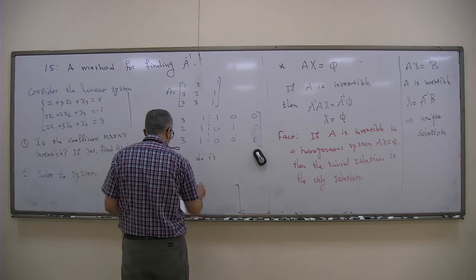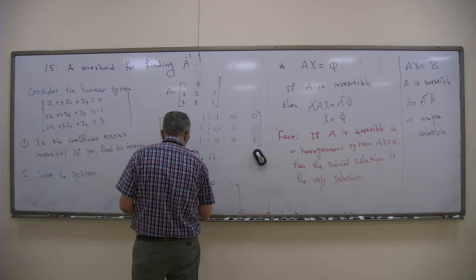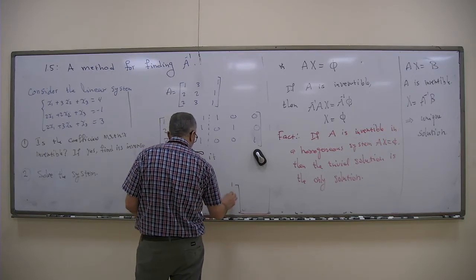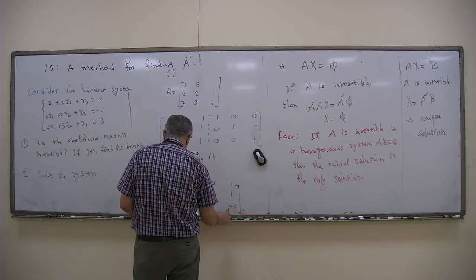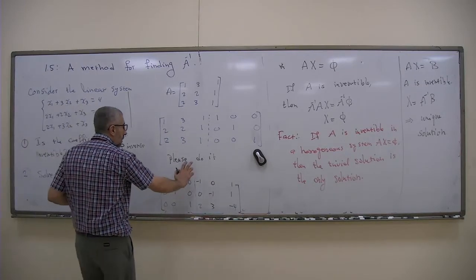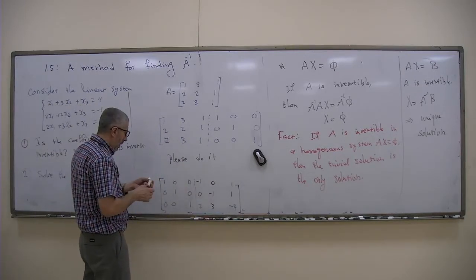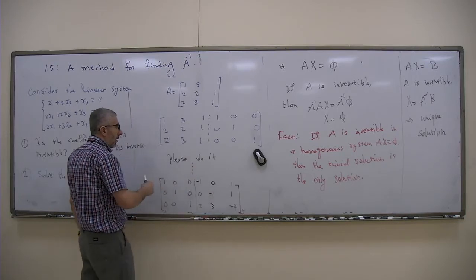And here you are going to get negative 1, 0, 1, 0, negative 1, 1, and here 2, 3, negative 4. Double check that, please. So here, I'm skipping several steps that you need to do. Please do it using elementary row operations.